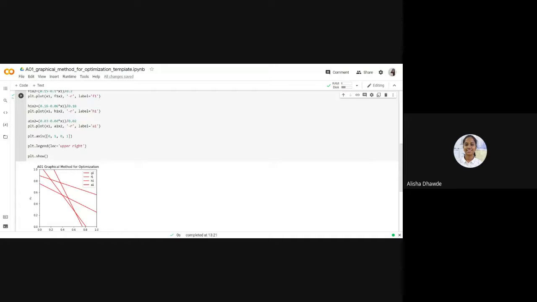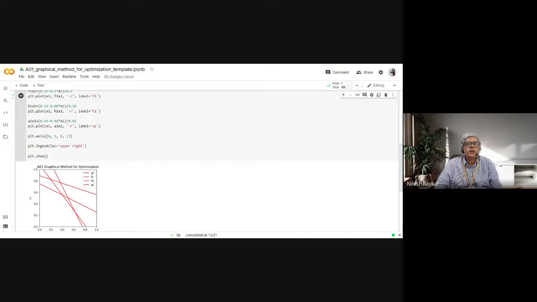Okay, so what you have to submit for this assignment is your solved GeoGebra file with all the constraints and that intersection point, and this particular code. And if you can discover how to shade this particular graph, you can tell me.